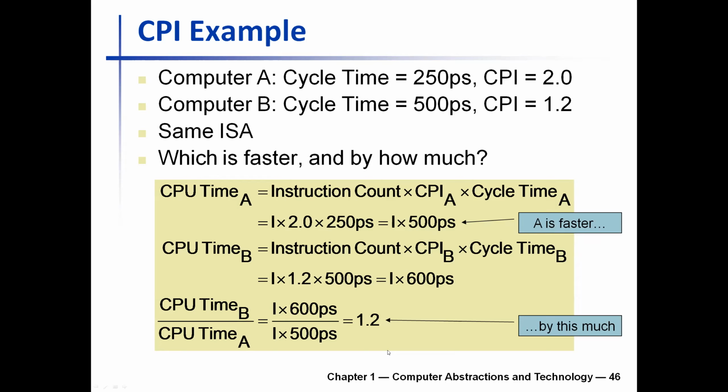Okay, I hope the working of the concept is clear. This combines all our equations that we have used so far: the equations for CPU time and the equations for relative performance. These things are not complicated, very simple stuff. You can even work this out using your common sense.